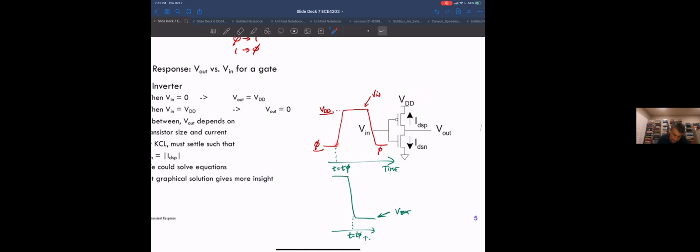Now the input Vin is going to transition from low to high. Let's see what happens. We're going to talk in detail about this, so I'm just giving you the punchline ahead of time. As this input starts transitioning, notice this input is the VGS for the NMOS, so the gate-source for the NMOS is starting to increase as this goes up.